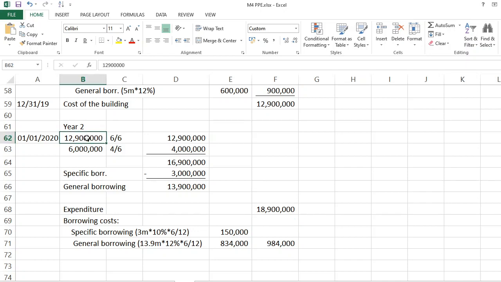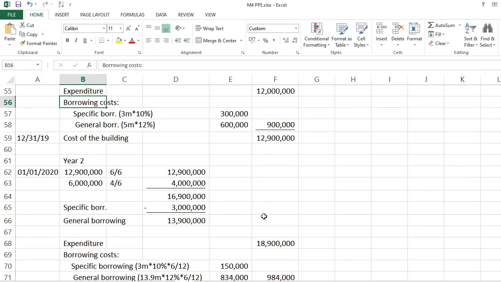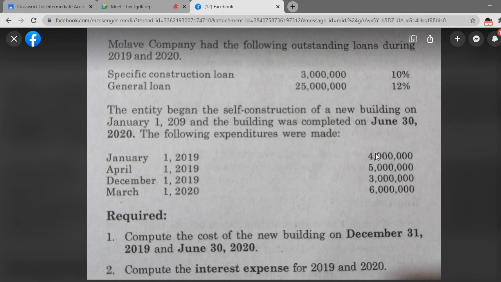Nganong 12.9 man, ma'am? Nganong dili man kadtong 12? Kasi nga, yan na yung cost ng building natin as of the end of year 1. So on year 2, kasali na siya dun sa cost ng building. So supposedly, instead of 12 million lang, nadugang na 900 na borrowing cost from year 1. Therefore, we add the 900 as well. That would be 18.9 million. Or simply, it's 4 plus 5 plus 3 plus 6 plus the borrowing cost of last year or year 1.